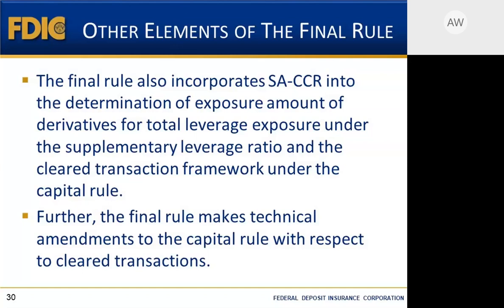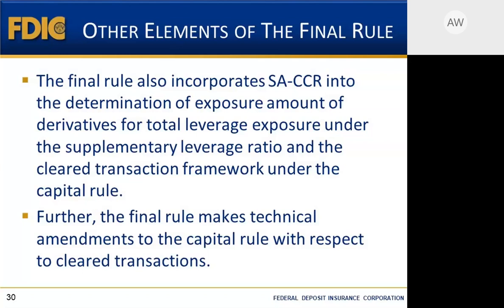The general breakdown is that for Category 1 and 2 institutions for the risk-based capital, you will be able to use either IMM or the standardized approach starting from the mandatory compliance date in 2 years. As I mentioned, January 1st, 2022 is when Category 1 and Category 2 institutions must use SA-CCR for the purpose of the standardized risk weights.